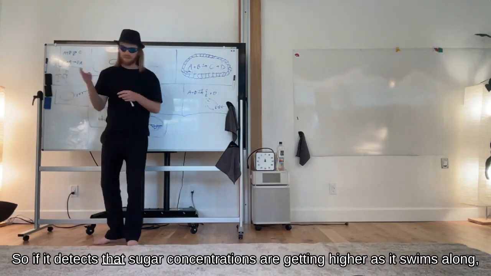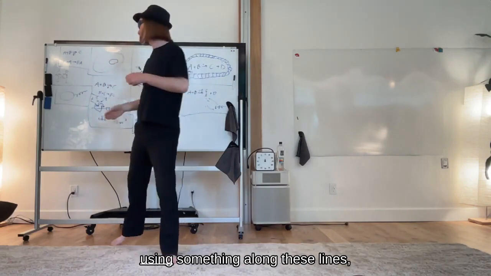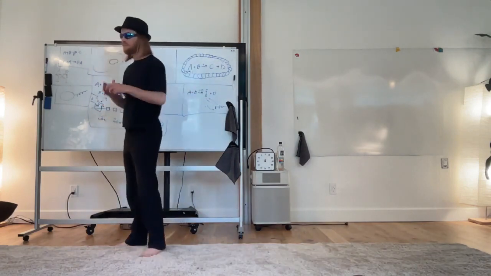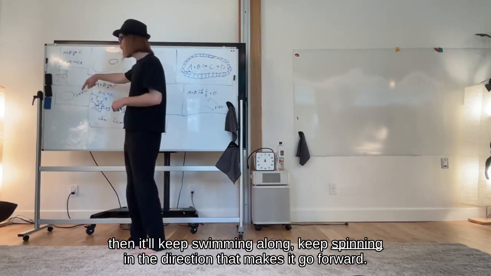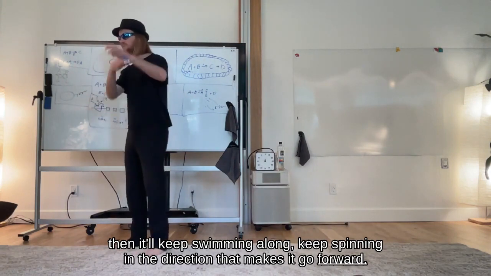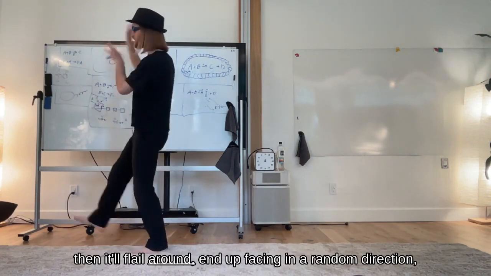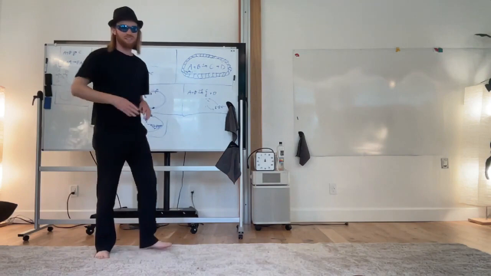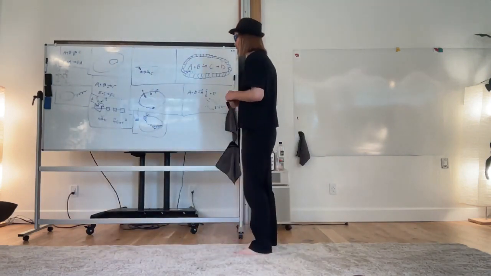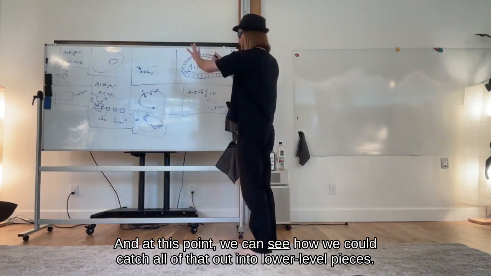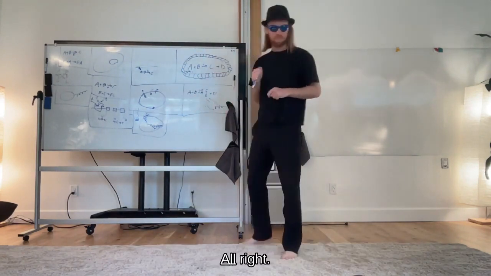So if it detects that sugar concentrations are getting higher as it swims along, then it'll keep swimming along, keep spinning in the direction that makes it go forward. If it detects that sugar concentrations are going down, then it'll flail around, end up facing in a random direction, and start swimming that way. And at this point, we can see how we could cash all of that out into lower level pieces.